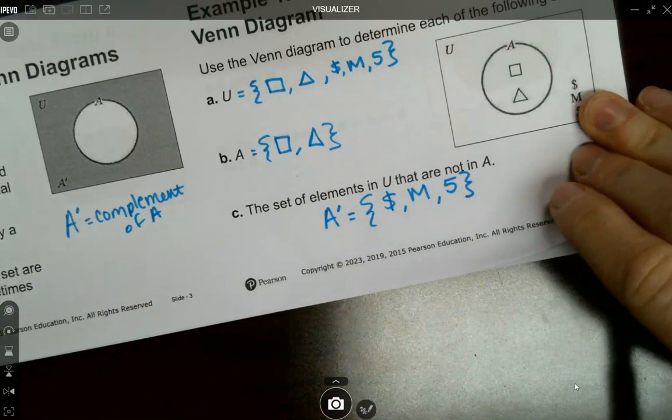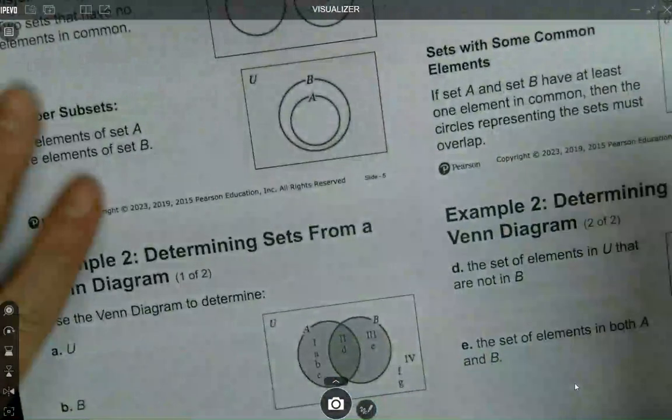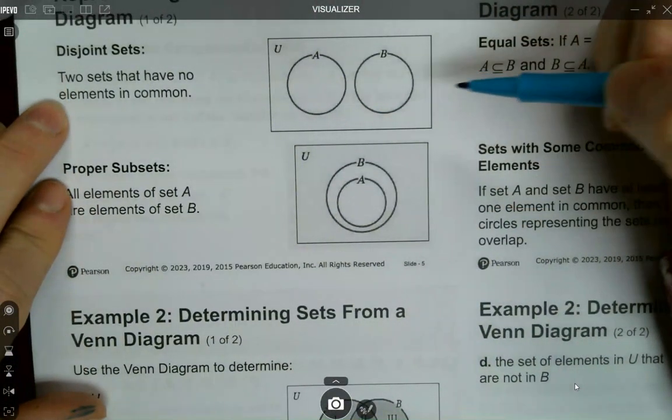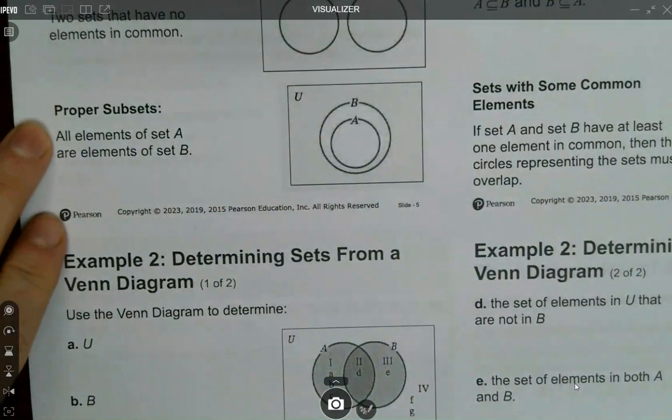Okay, let's go to the next one. We have disjoint sets. The opposite of disjoint would be joint sets. So disjoint sets have nothing in common. Proper subsets, that's what we covered in 2.2.